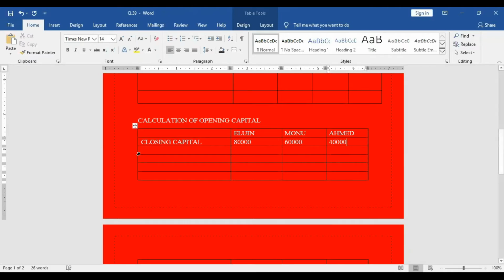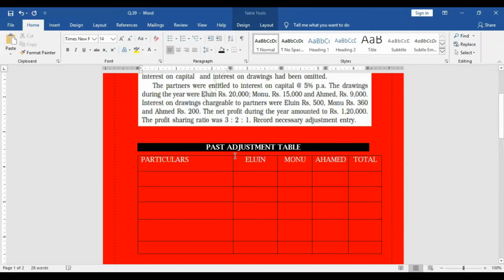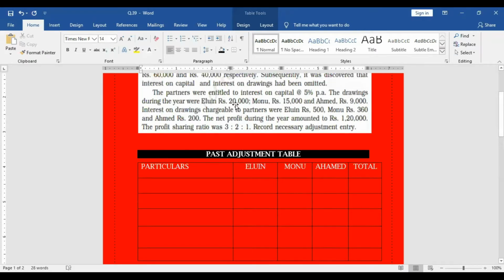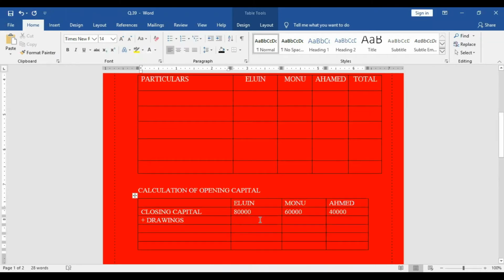With that we have to add the drawings of the partners: Yelun 20,000, Monu 15,000, Ahmad 9,000.